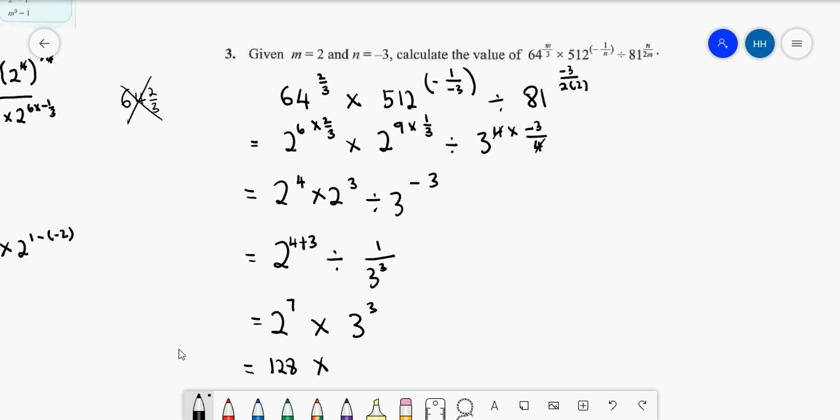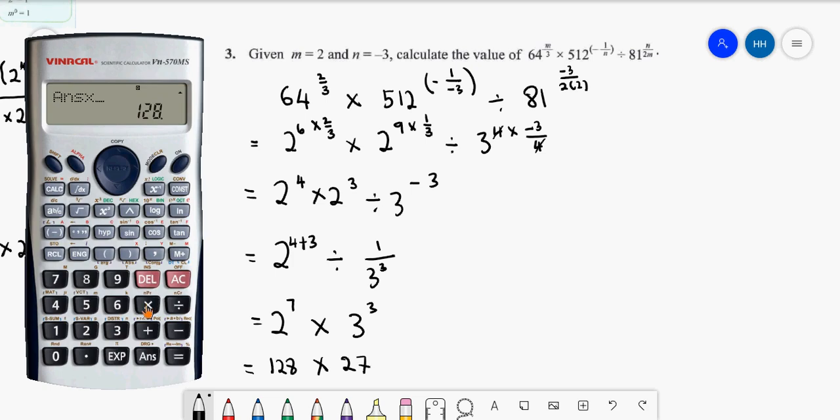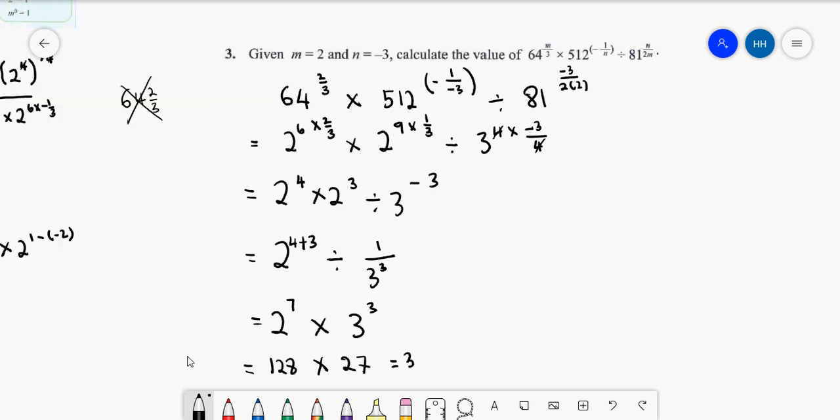But if you don't know, you need to press the calculator, or you do 3 times 3 times 3, which equals 27. And then you solve 128 times 27, which equals 3456. So this is the answer for question number 3.